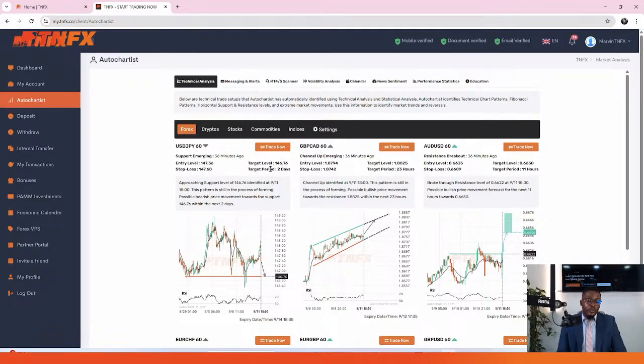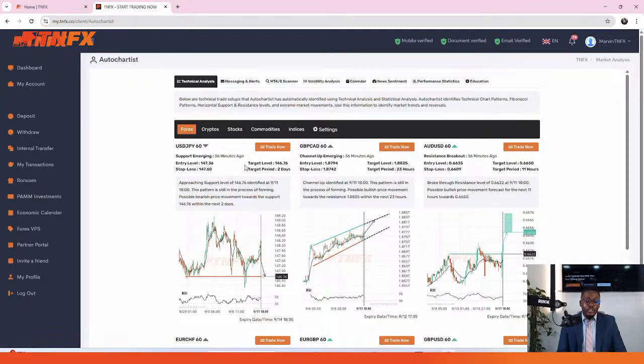So if you're going to be profitable using Auto Chartist, it doesn't matter if you are focusing on the depth education of trading or not, because literally you're coming here, and you can see that in forex, these are the signals that we're having a day. So if your asset class is, let's say, forex, or maybe, for instance, you're trading USD JPY, this is the signal for the day.